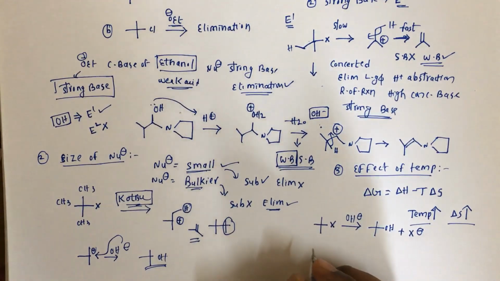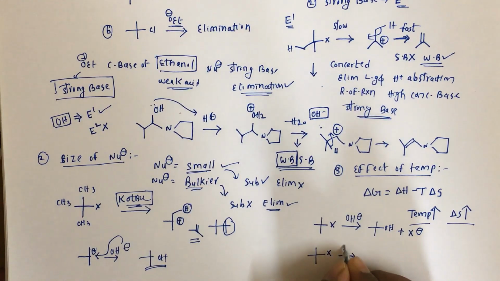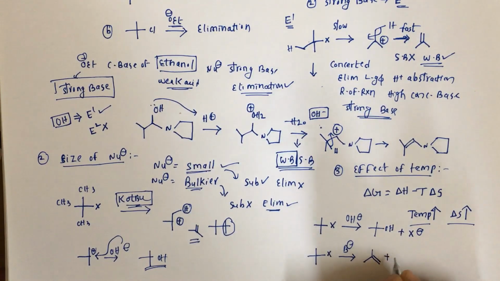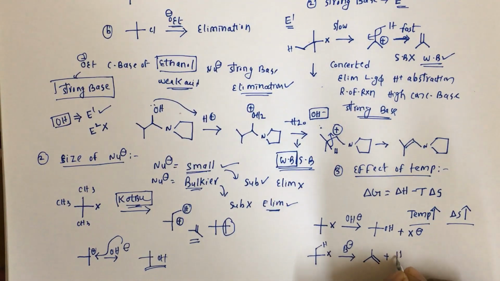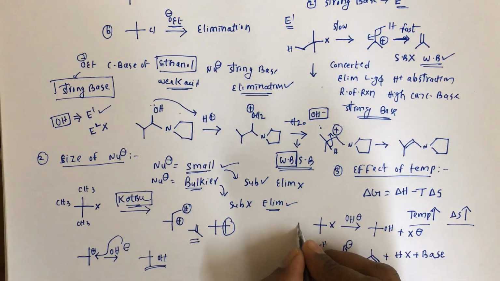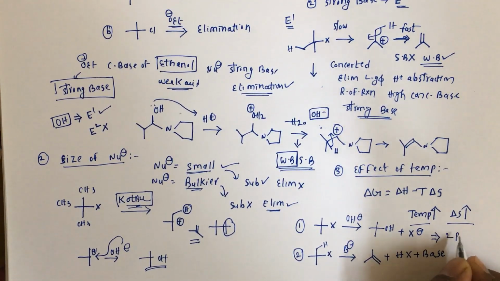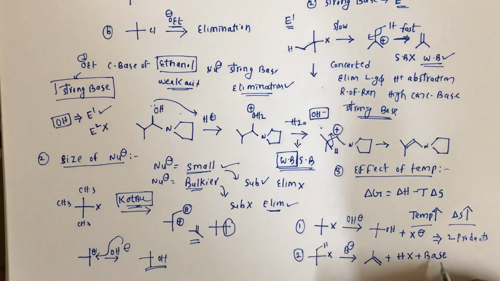And the same if we take an elimination reaction, we take some base here, and the total products we get are an alkene, HX, and the base. So in the first substitution reaction, how many products are we getting? Two products. Whereas in the second, elimination reaction, we are getting three products.